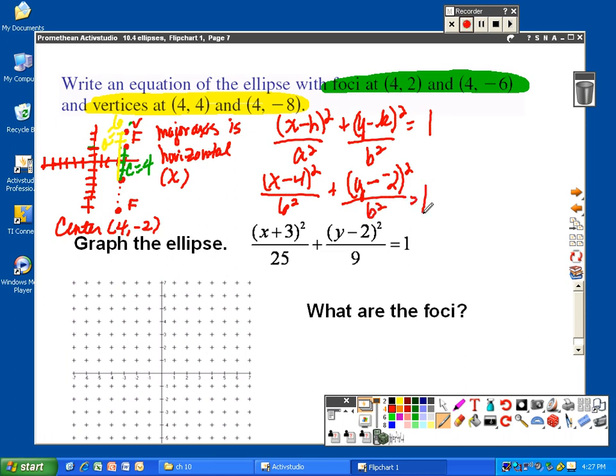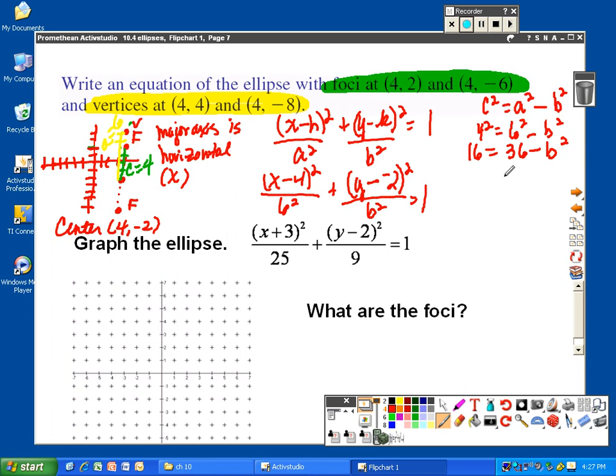I do know that c squared equals a squared plus b squared. So c was 4. So 4 squared equals a was 6, 6 squared plus b squared. And that's not plus. That should be minus, because here I plus, so here I minus. So 16 equals 36 minus b squared.